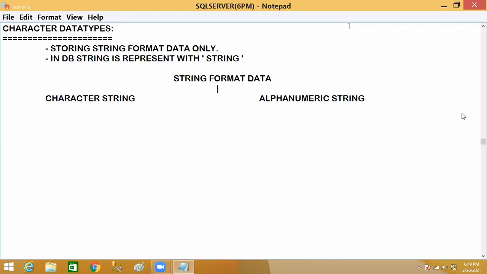So here, observe alphanumeric and character. What is meant by character and alphanumeric? For example, character string data means in this we can use capital A to capital Z and small a to small z.